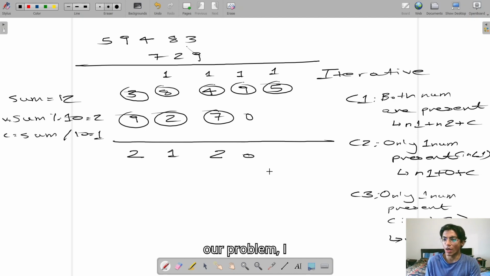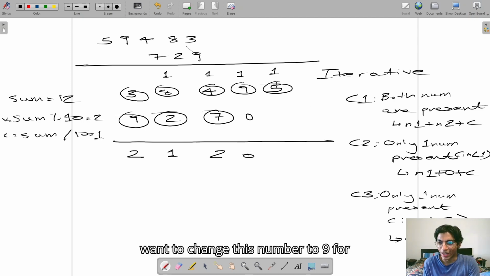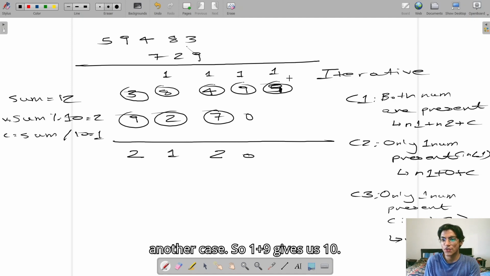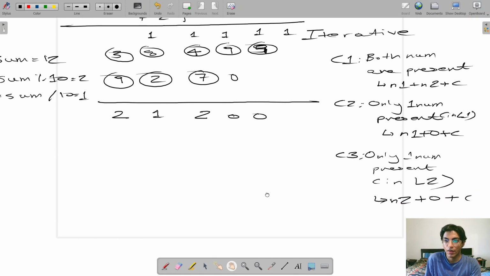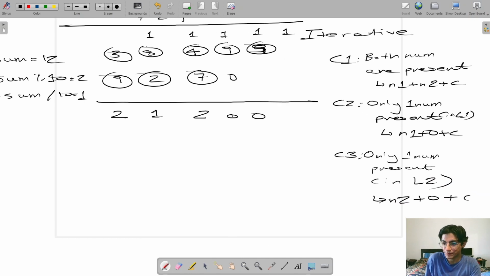Now coming back to our problem, I want to change this number to 9 for clarity's sake, so that I can introduce another case. So 1 plus 9 gives us 10. Value is 0, and the carry is 1, which brings us to case number 4. Case 4 is no numbers left.